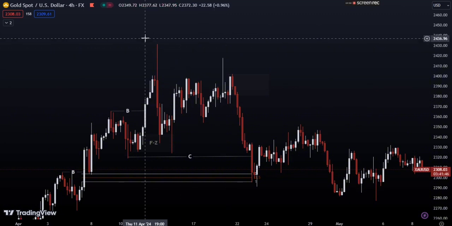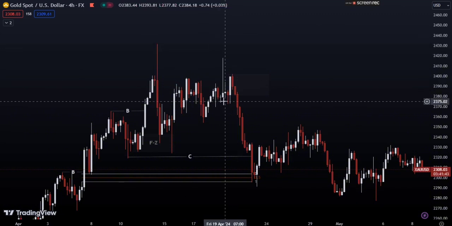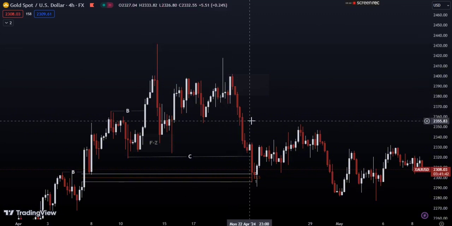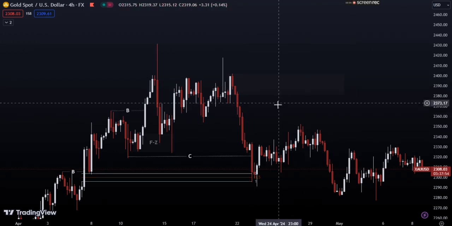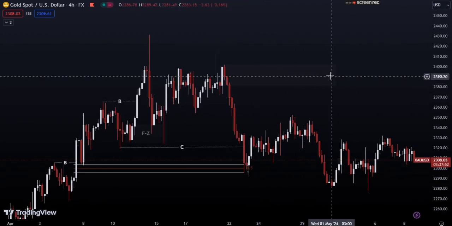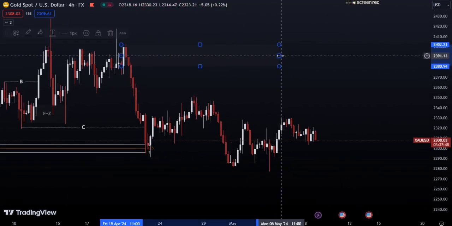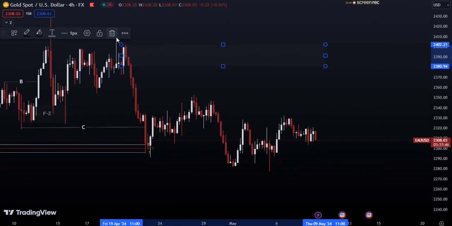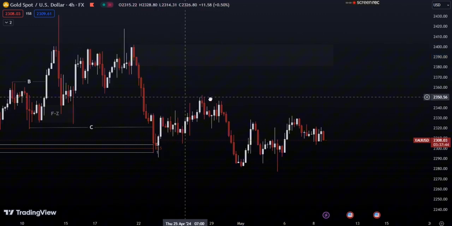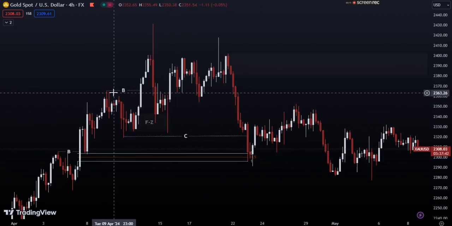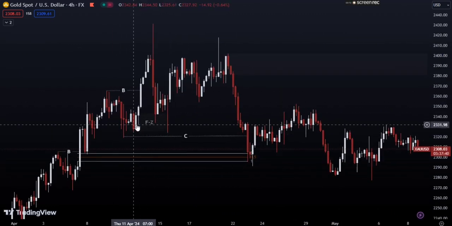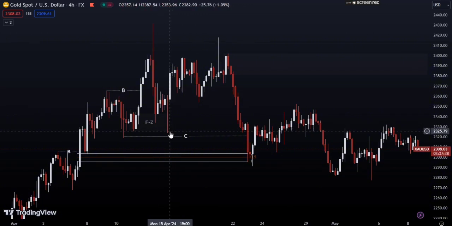Having this never took out that, but having a break of structure and a change of character, the price never came back into the zone. Yeah, so let me just drag it to the right side, until here. Good. Yes, having that break of structure, change of character, demand zone, flip zone.